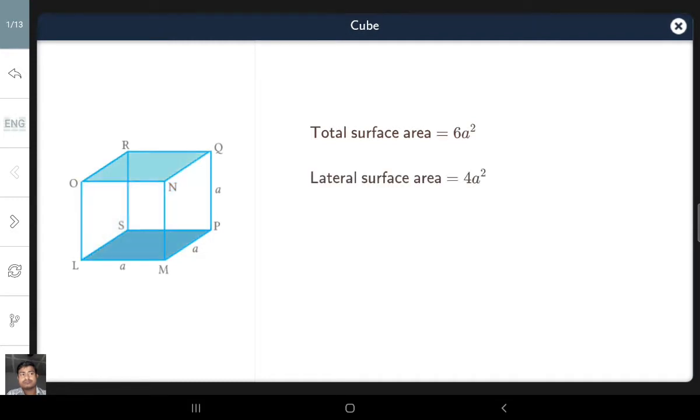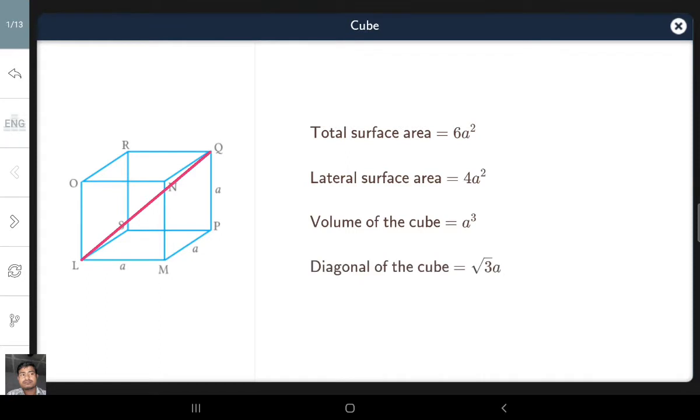The lateral surface area excludes the areas of the top and bottom faces, and so is equal to 4 times A square. The volume or capacity of the cube will be A cube. The length of the diagonal of a cube is equal to square root 3 times A.